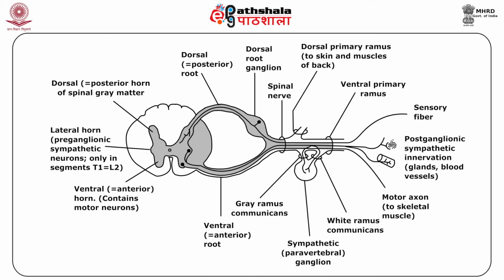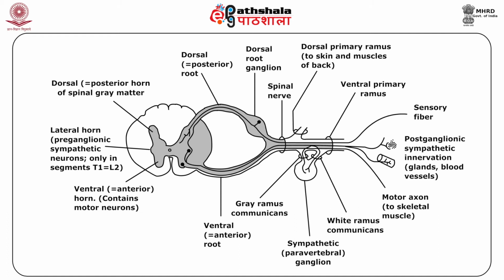They serve to relay somatosensory information from the various sense organs to the spinal cord, and also relay processed information back via motor fibers to various muscles and glands. All spinal nerves are mixed in function, that is, they contain both sensory and motor fibers.